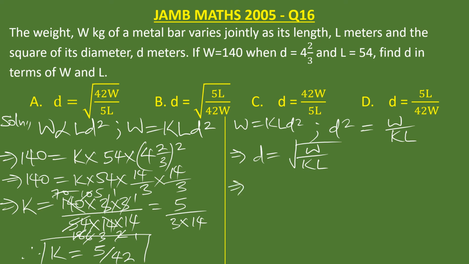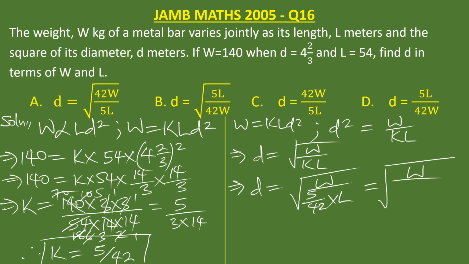So from here we have that D is equal to square root of W over K, which is 5 over 42 times L. This simply means D is equal to square root of W over 5L over 42.